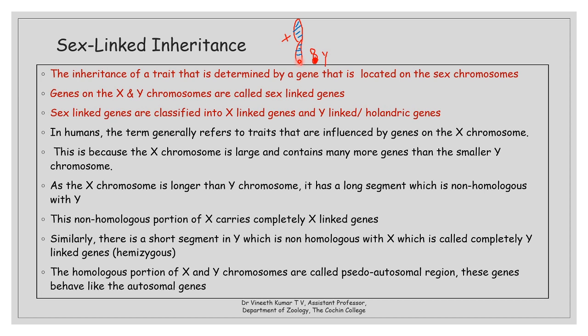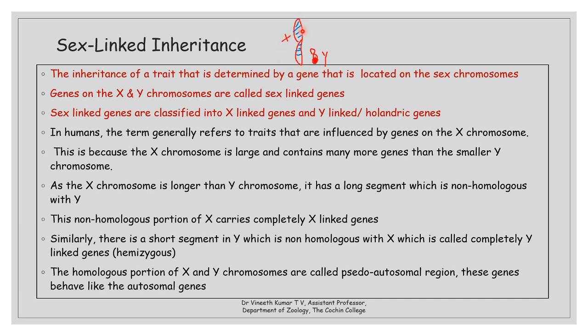That is, they show crossing over in a short portion, and they also show the inheritance pattern of autosomal genes. Because they show features similar to autosomal genes but are present on the sex chromosomes, such genes are referred to as pseudo autosomal genes. So, if you take the X and Y chromosome, you can distinguish three different types of genes.